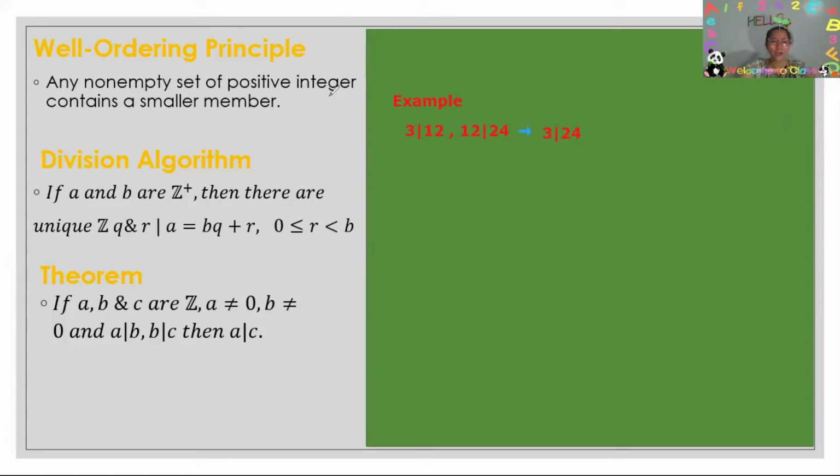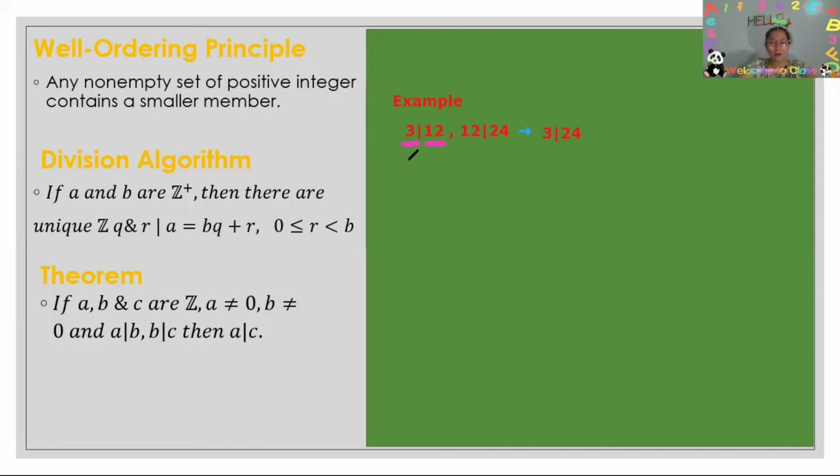So in our theorem, considering that if A, B, and C are integers, then our A must not be equal to 0 and our B must not be equal to 0. So our A is 3 and our B is 12.